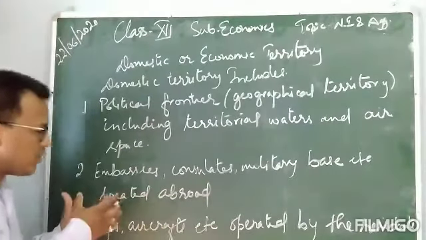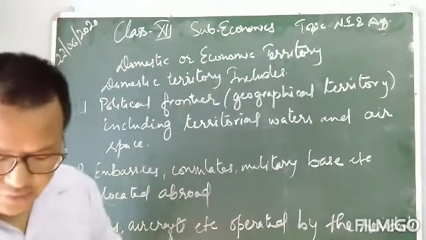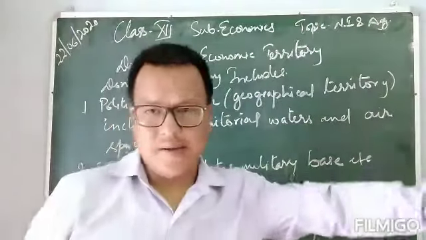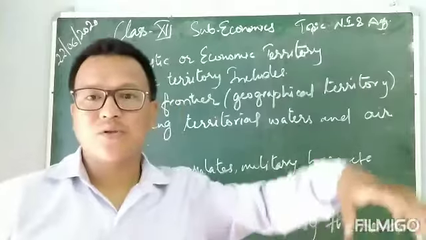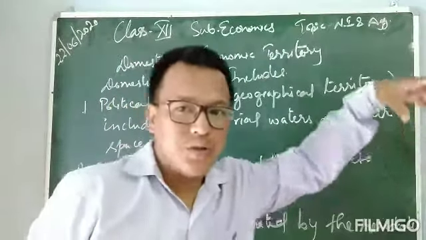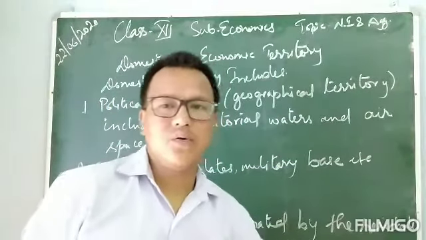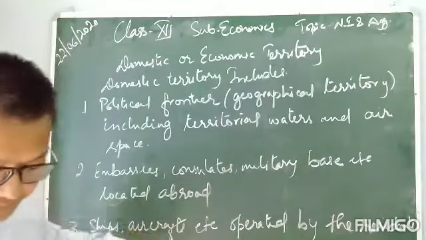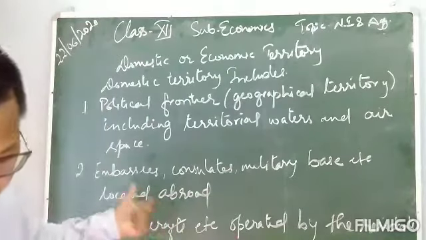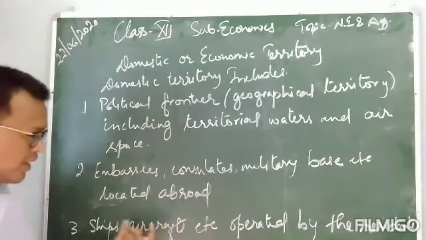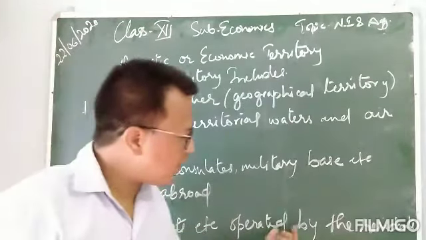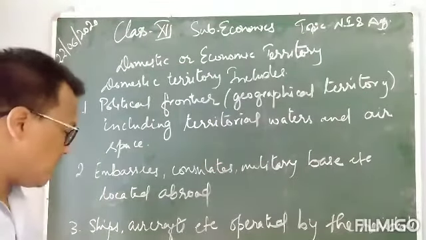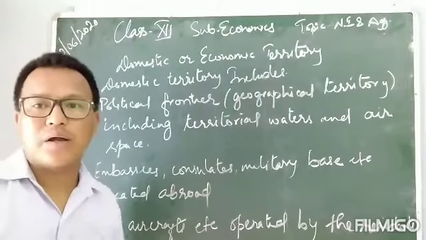For example, the Indian embassy is located in America, so that is also included in our domestic territory. Third is ships, aircraft, etc., operated by the residents between two or more countries.